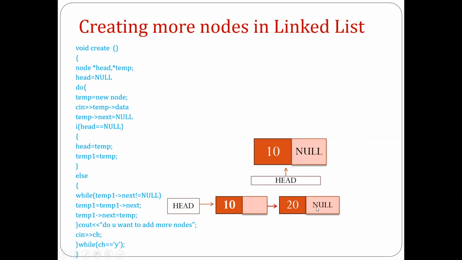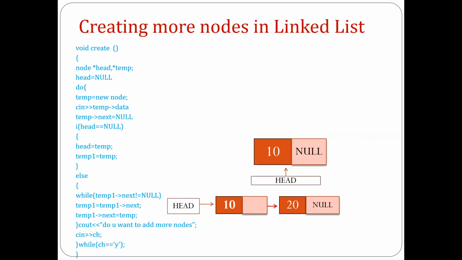I want to attach this 20 in the linked list, but I don't know whether only the 10 is present or more nodes are present. So first, we have to traverse the list till the last node.